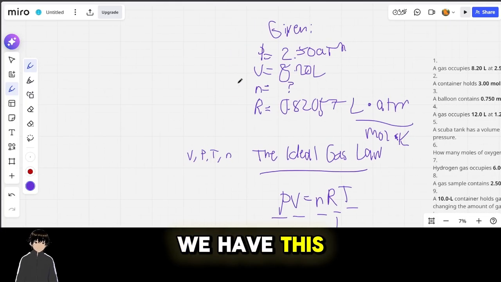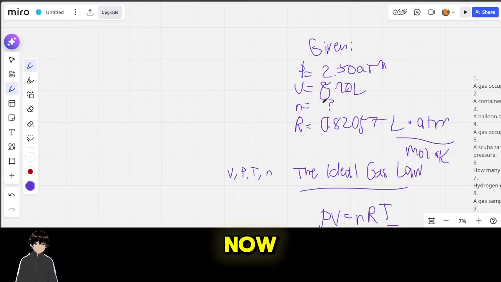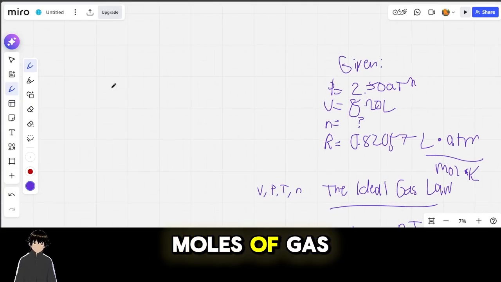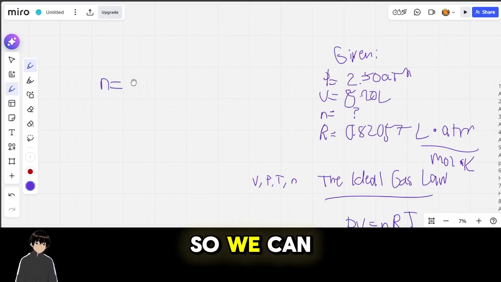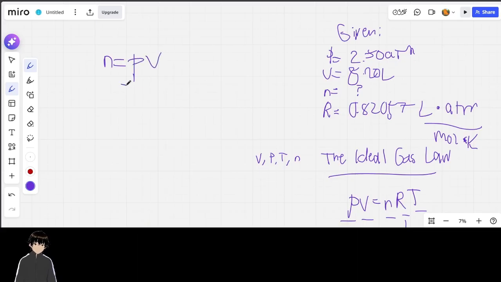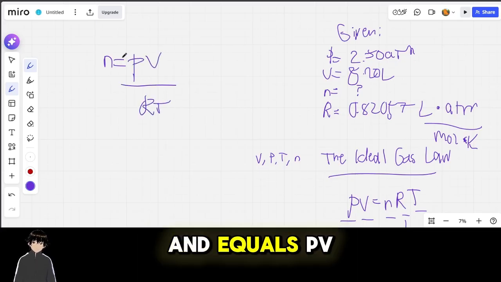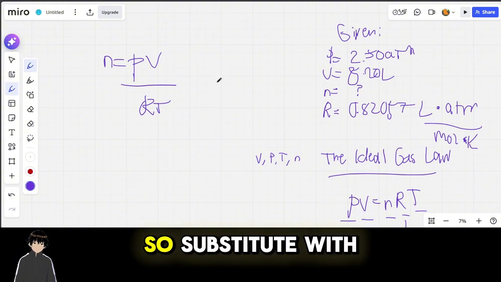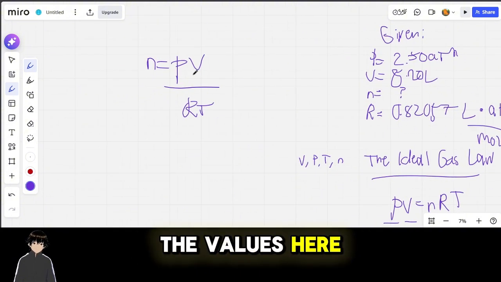So now that we have this general formula, now we're trying to find how many moles of gas are present, so we can use this formula: n equals PV over RT. So substitute with the values here.